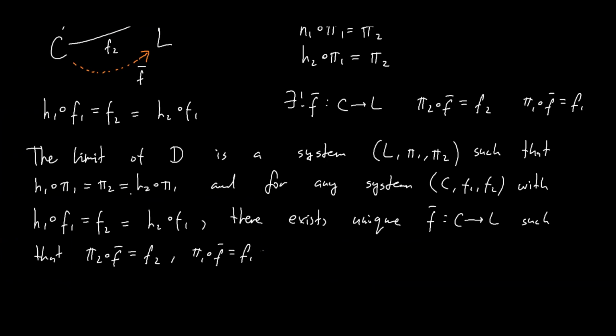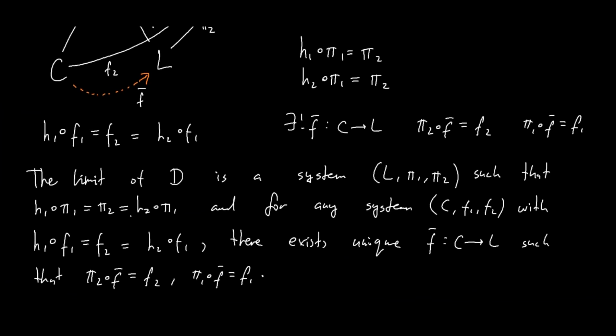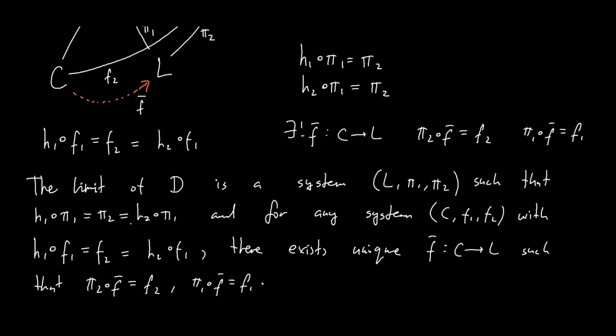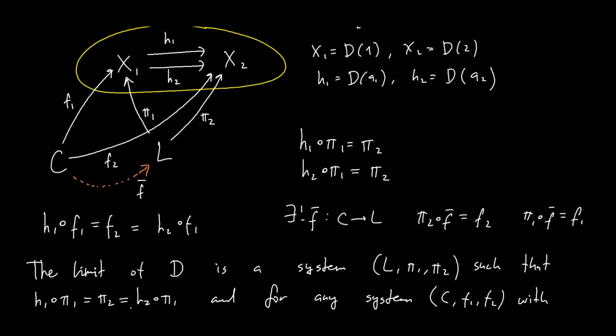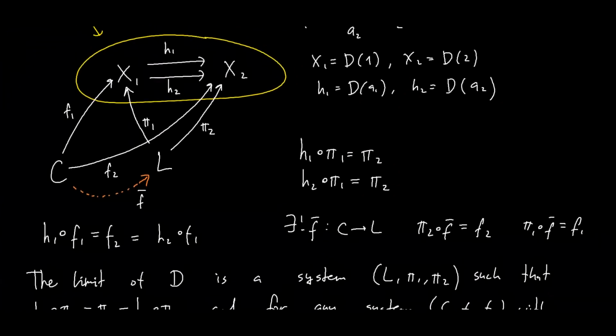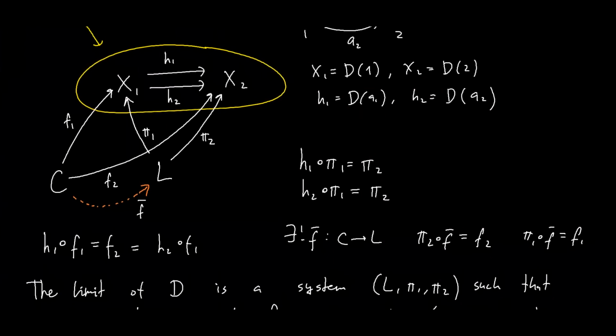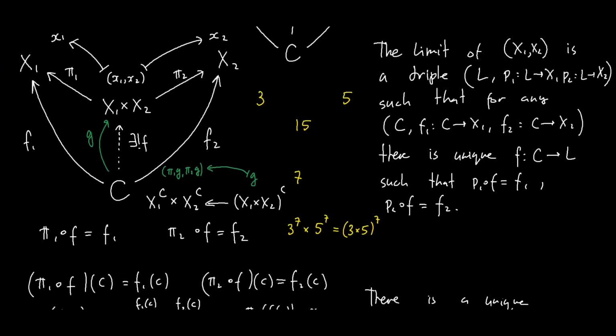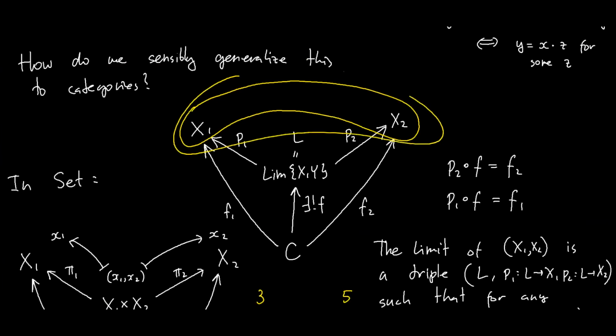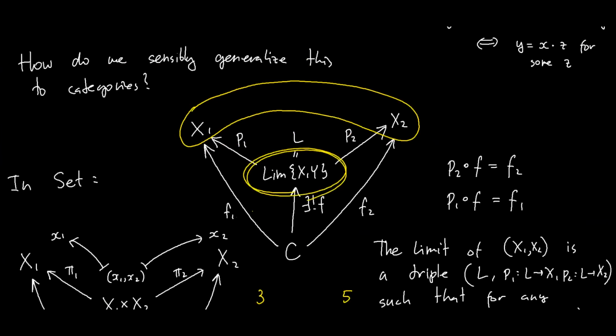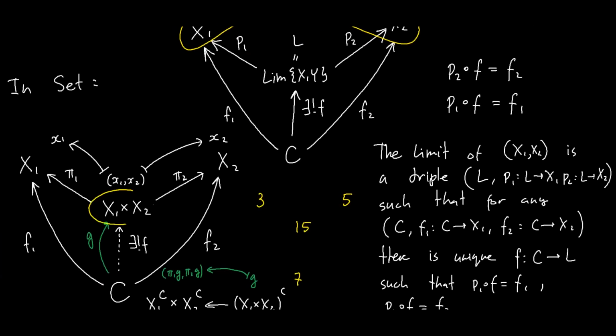But now let's try to make it a bit more understandable by computing what such a limit should be. So what do you think? What should we make L to be? When I didn't have these arrows, when I just had two objects like this, the limit turned out to be the Cartesian product.